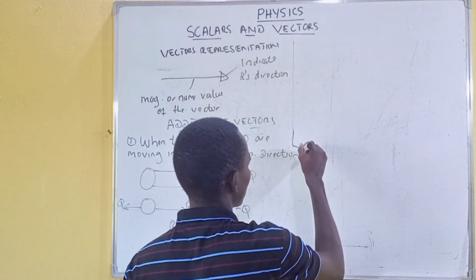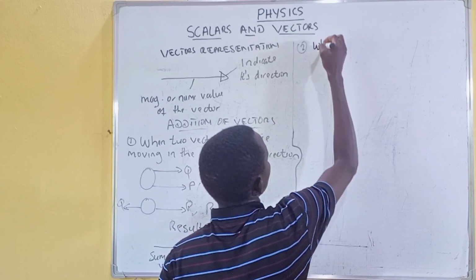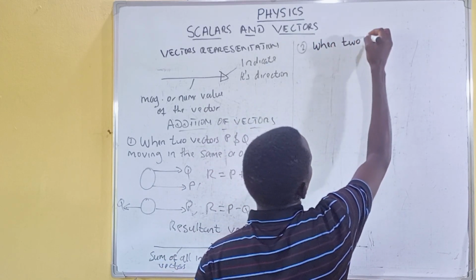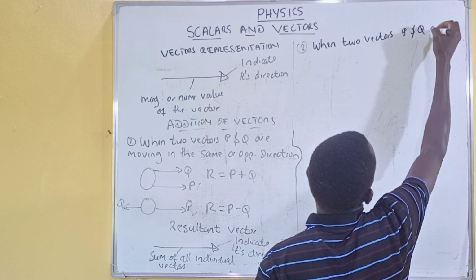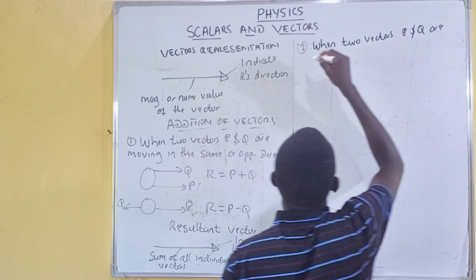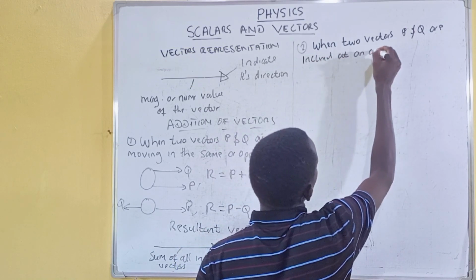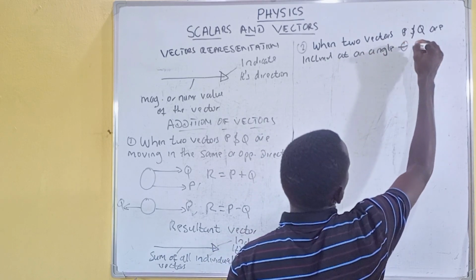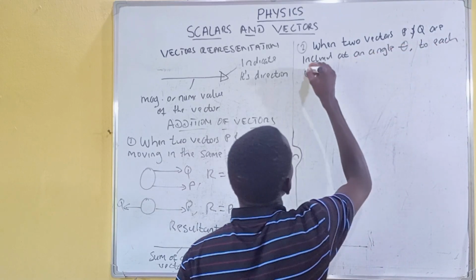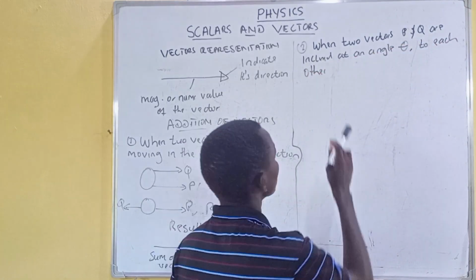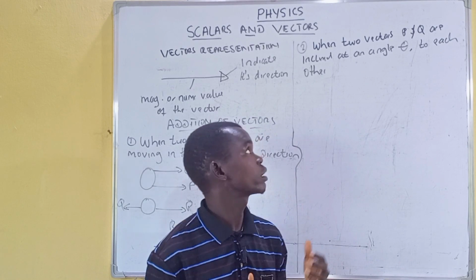So, when two vectors P and Q are inclined at an angle theta to each other, under this, we have two methods of finding the resultant vector.